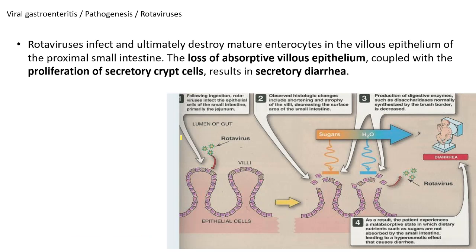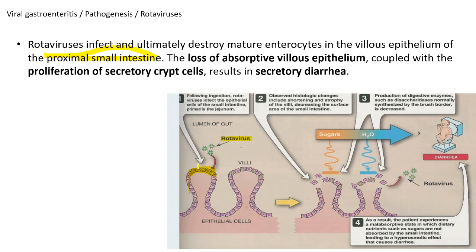Okay. So regarding the pathogenesis of rotavirus, it is also quite similar to noroviruses. So you can see that the rotavirus will go to the lumen of the gut, and will infect the epithelial cells here, especially in the jejunum. Okay, so it is in the proximal small intestine.